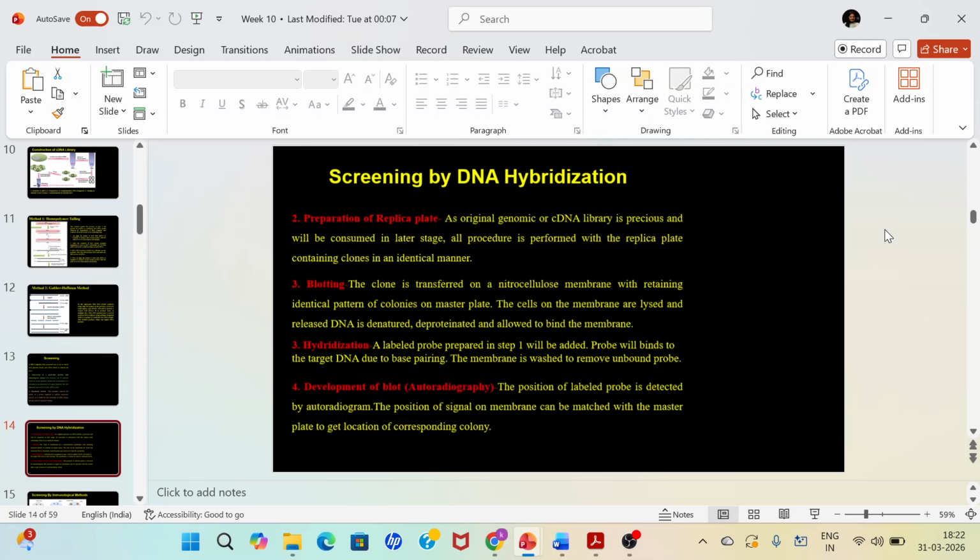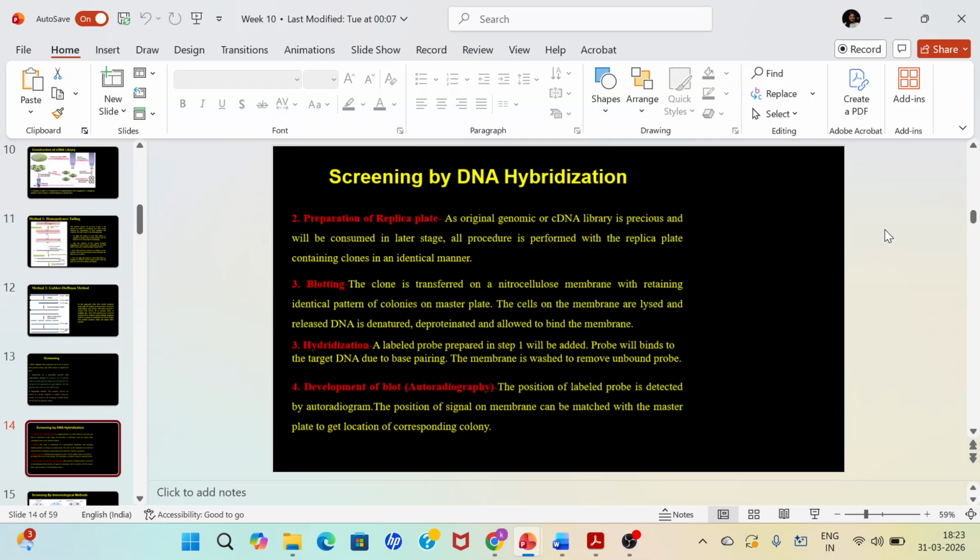We should know the location of that original stock, so that whichever colony we get positive, we can take the original stock from the original plate and use it for future use. An original genomic or cDNA library is precious and will be consumed in later stages. So all procedures are performed with the replica plate. The original plate is kept safe as it was. The replica plate is used for the purpose of screening or whatever we want to do.